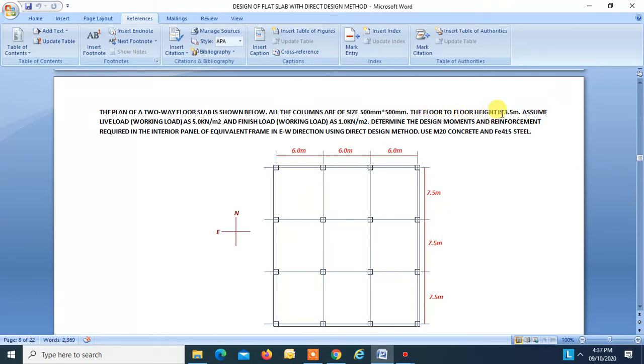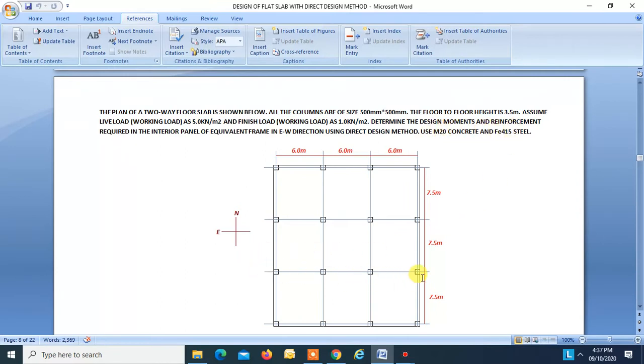Floor to floor height is 3.5 meters. Assumed live load is 5 kilonewton per meter square. Finished load is 1 kilonewton per meter square. Determine the design moment and the reinforcement required in the interior panel of equivalent frame in east-west direction using direct design method. Use M20 and Fe415.